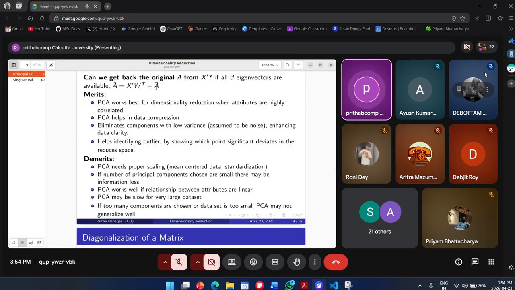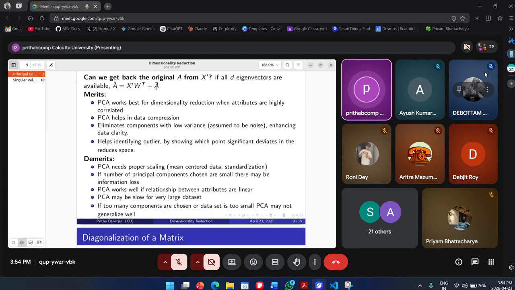But what might happen is, because of floating point error, you may not get exactly the original matrix, because lots of matrix multiplications are going on, and the values may not always remain integers.